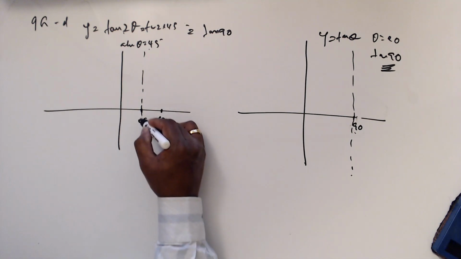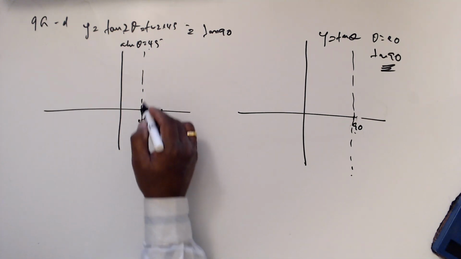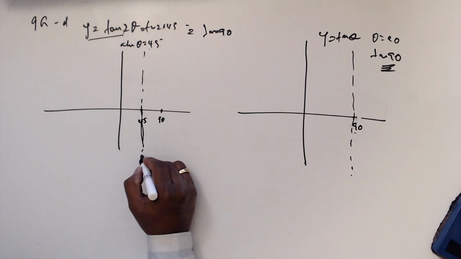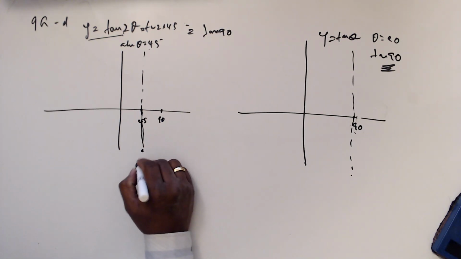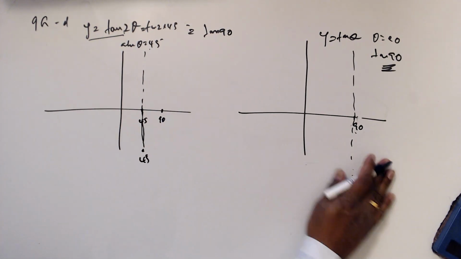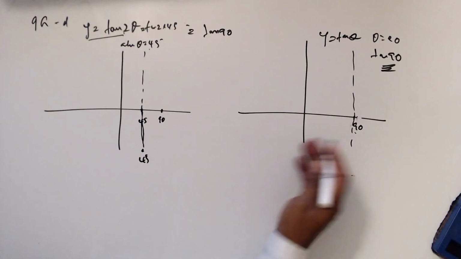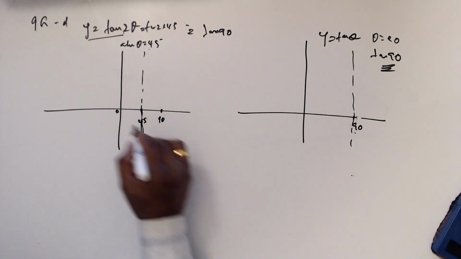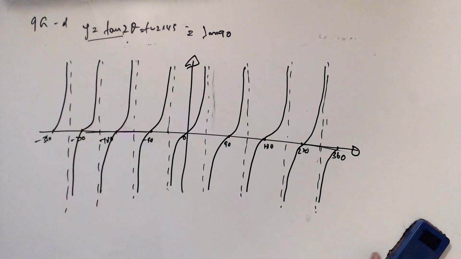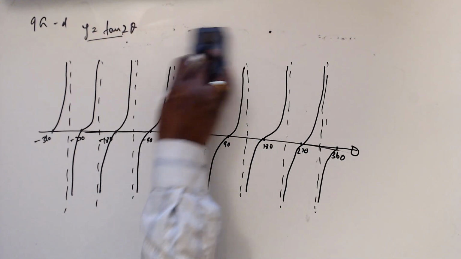Now this is the difference. In tan 2 theta, you will meet the first asymptote at 45. But in tan theta, you will meet the first asymptote when you go from 0 to 90. You will get this kind of graph.